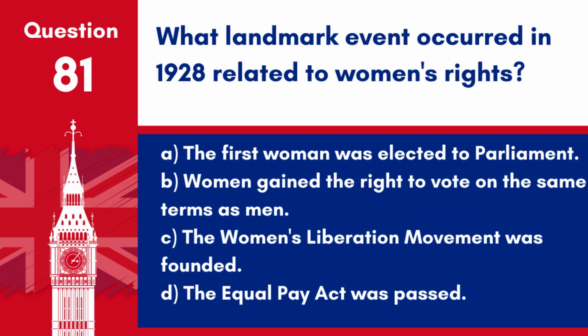Question 81. What landmark event occurred in 1928 related to women's rights? A. The first woman was elected to Parliament. B. Women gained the right to vote on the same terms as men. C. The Women's Liberation Movement was founded. D. The Equal Pay Act was passed.